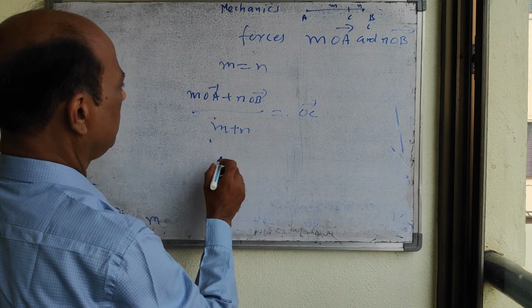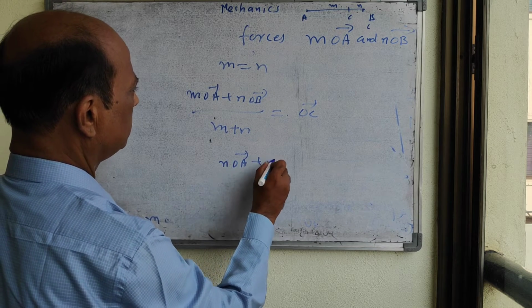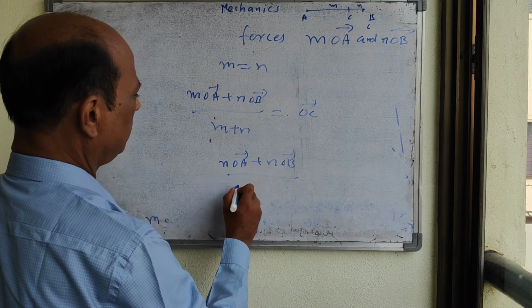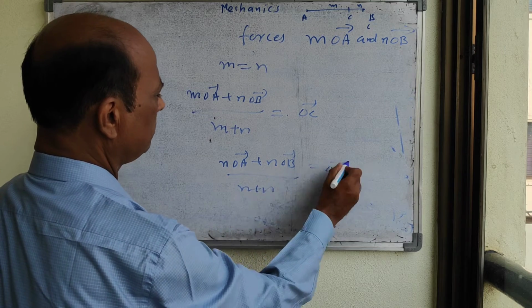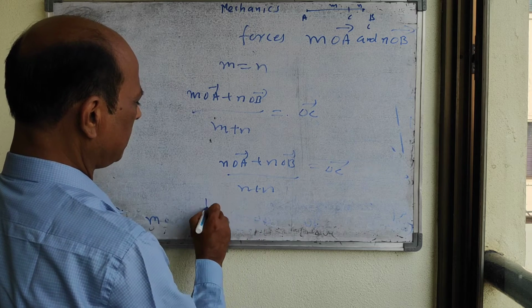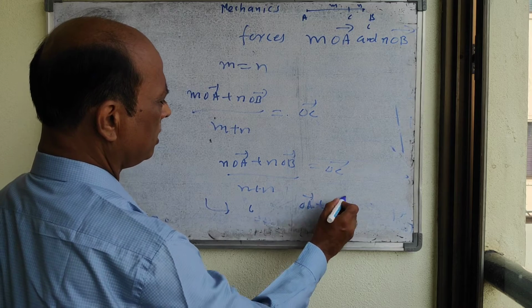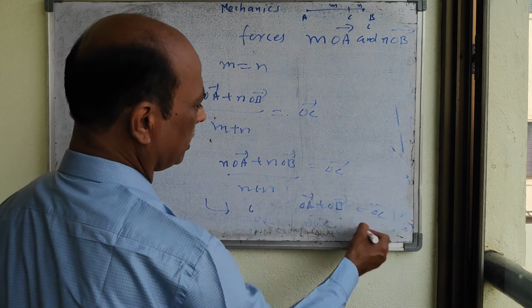If m is equal to n, what will happen? Suppose m is equal to n, then (n OA bar + n OB bar)/(n + n) is equal to OC bar. So here n is common, this cancels, and we will get (OA bar + OB bar)/2 is equal to OC bar.